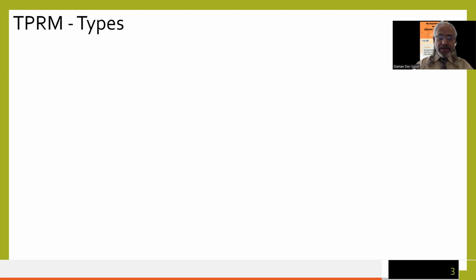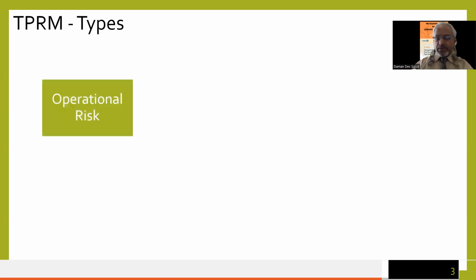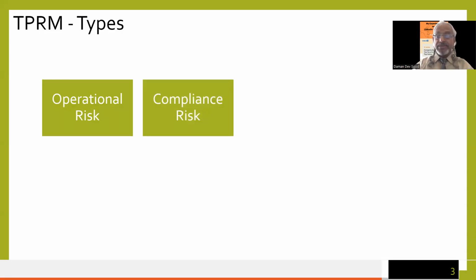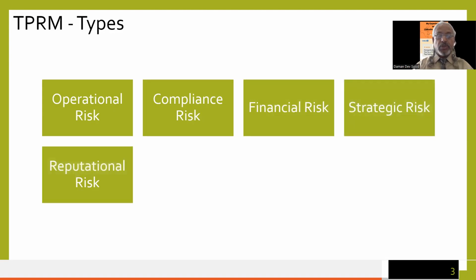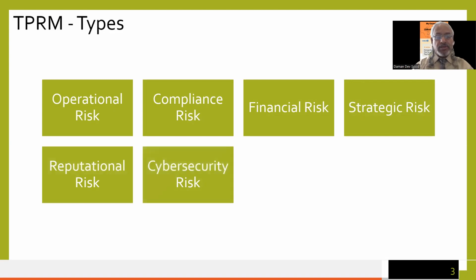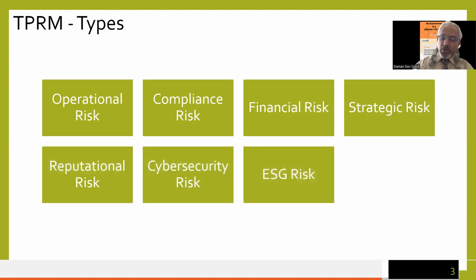To start with, we will have to look at the types. Types of third-party risks. So operational risk, it may be compliance risk, it may be financial risk, or strategic risk, or reputational, or cybersecurity, or ESG risk.